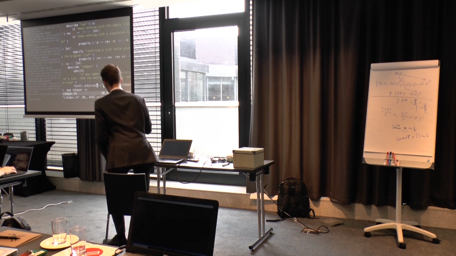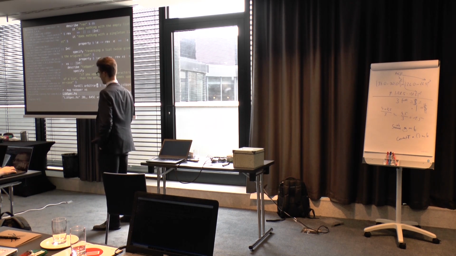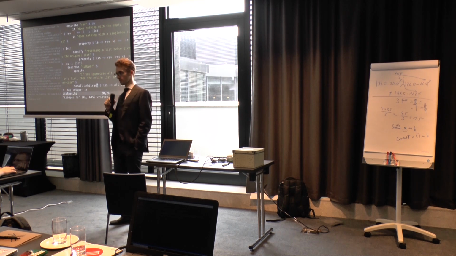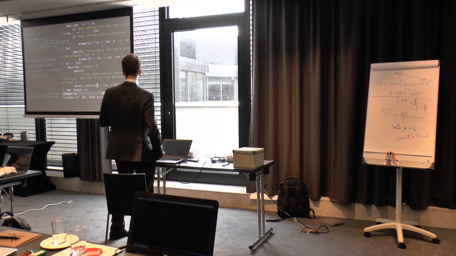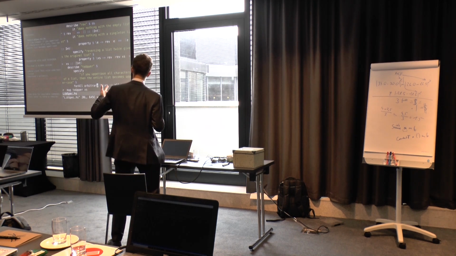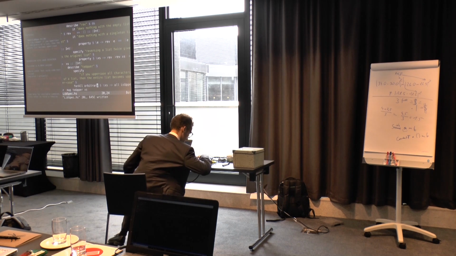So the forAll function is used to supply your own generator. The arbitrary generator is the default one to be used. So this has the same workings, except the shrinking is now turned off because of reasons that I will talk about in a moment.